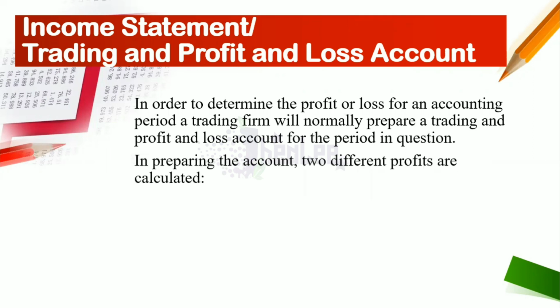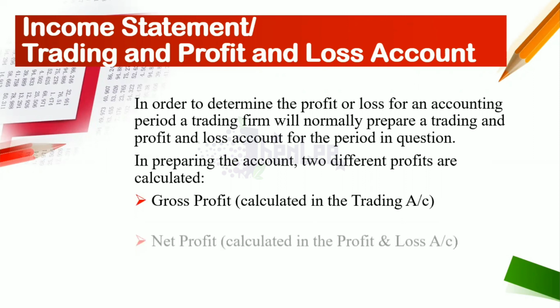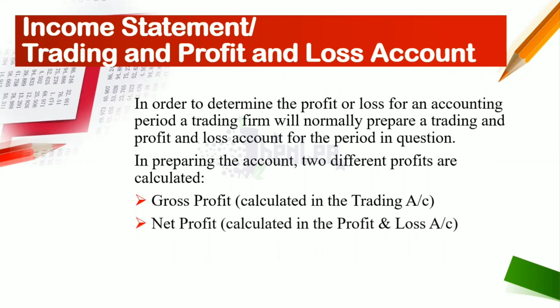In preparing the account, two different profits are calculated. The gross profit, which is calculated in the trading account, and the net profit, which is calculated in the profit and loss account. So basically, the trading and profit and loss account are two accounts in one. The trading account generates the gross profit, while the profit and loss account generates the net profit.